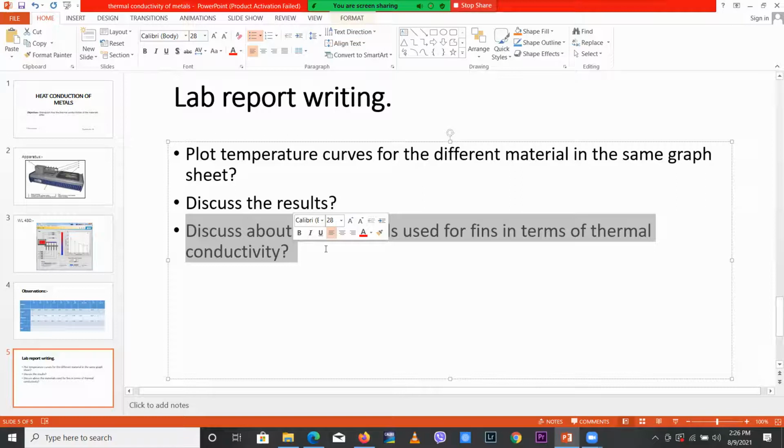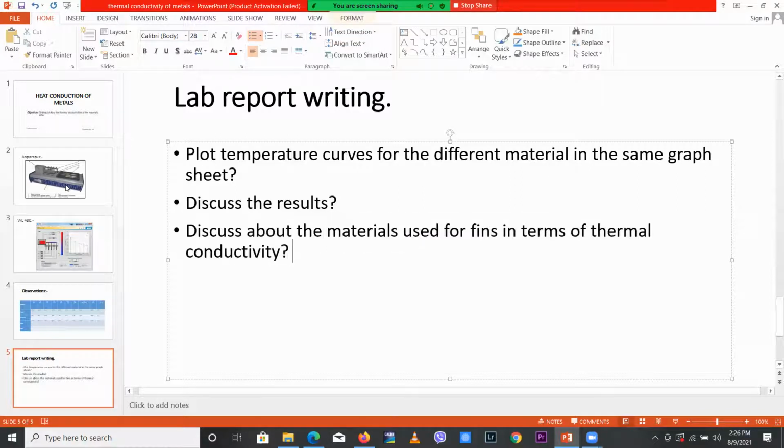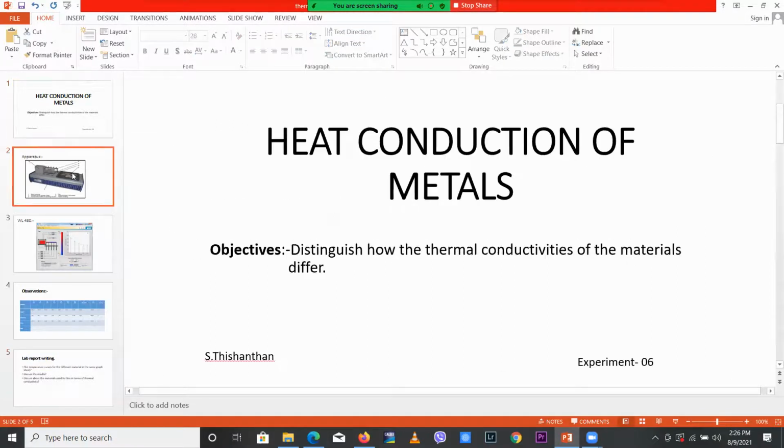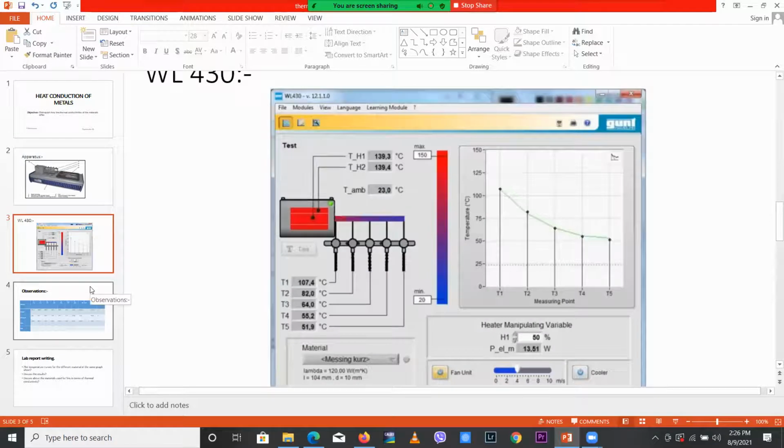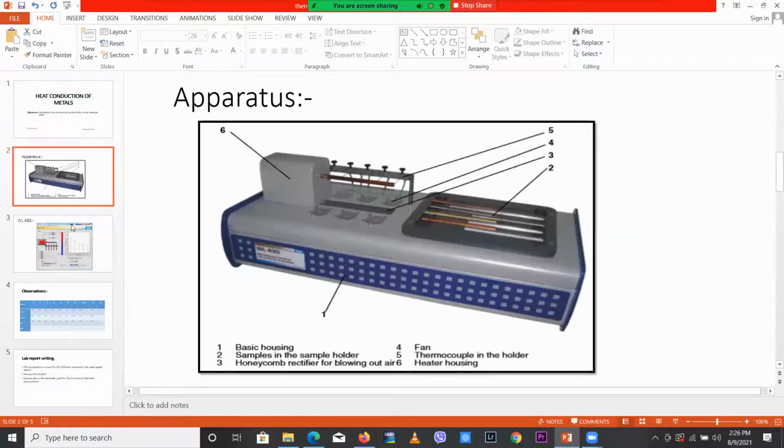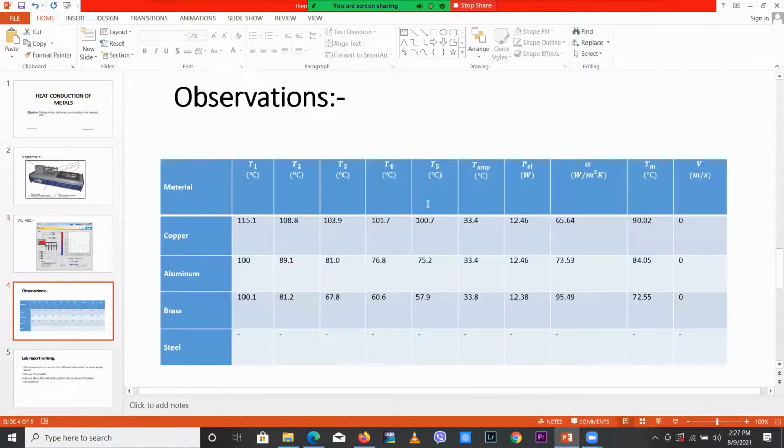You have to write down these things, and again follow the same procedure to write this lab report: theory, procedure, and there is no discussion. So you have to write down the theory, procedure, and observation data, and you don't need to write this part, but if you want, you can.